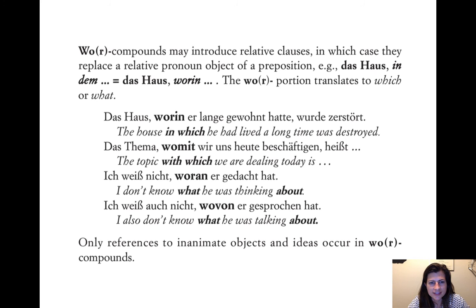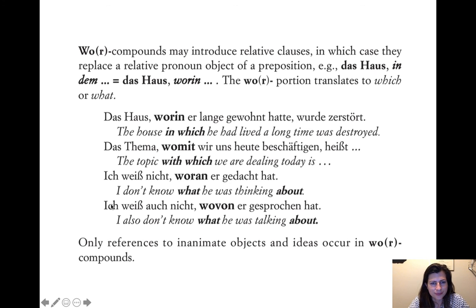Sometimes you can replace it, and sometimes you can't. I think it's because there's no noun over here. It's so vague, right? With das Haus and das Thema, there was a noun there, so you could say in dem, mit dem. But with this one, there's no noun to refer back to. It's so abstract. So you can't do it here. It has to be woran.